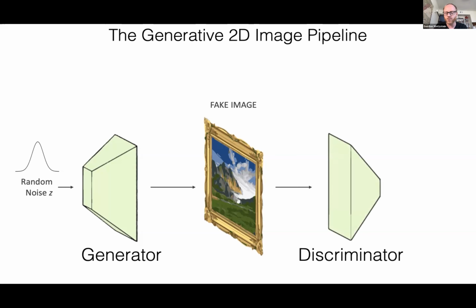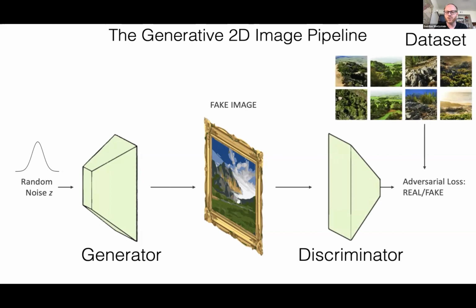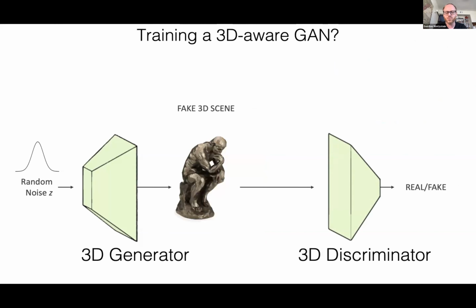So we need to train the generator, and that's typically done with a discriminator. The discriminator tells you if an image generated by the generator is real or fake. It does that by comparing the generated fake images to some distribution of real data that we have, like a dataset. Conceptually, this is very simple, but it doesn't necessarily scale to 3D.